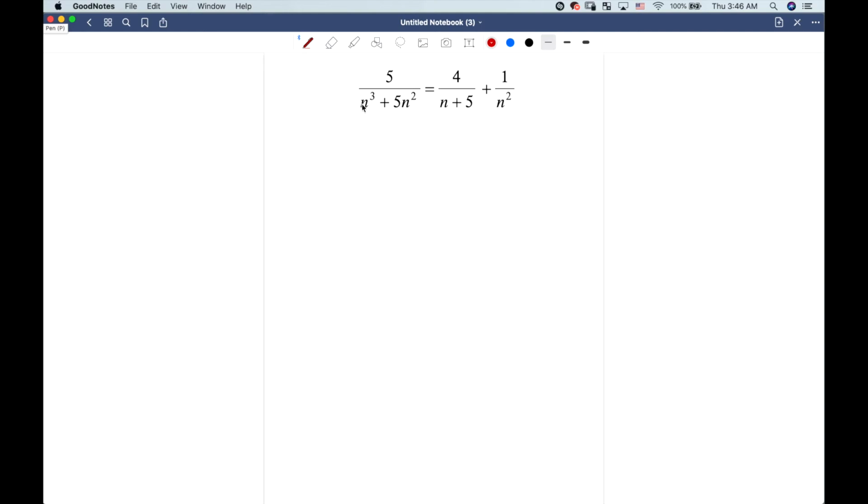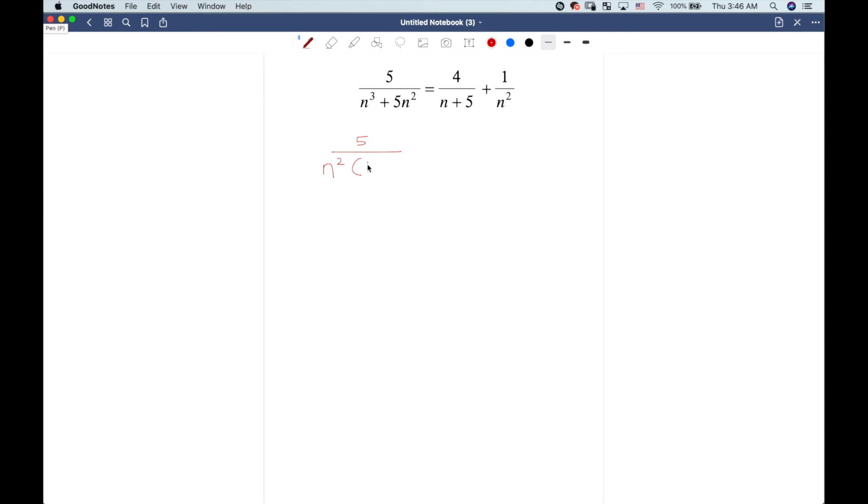So when I look at this denominator, I can tell that this term and this term have something in common. So if they have something in common, I'm able to factor that out. So what that looks like is I have 3 n's here and I have 2 n's here. So I can take 2 n's from both terms.